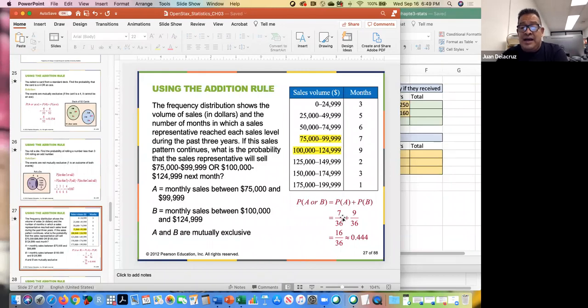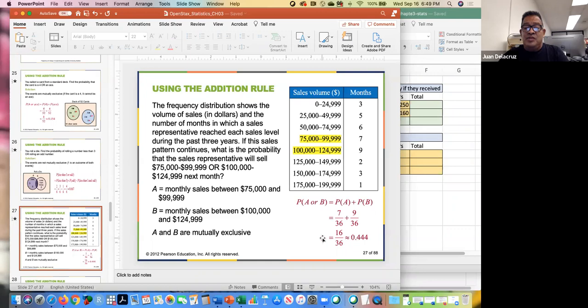So we are going to add the 2 different probabilities, and the probability of this is given by 7 divided by the sample size. Remember, this is the formula that we use for the relative frequency. So 7 over 36, and in the second case, it's 9 over 36.